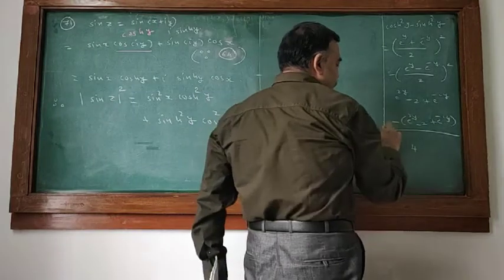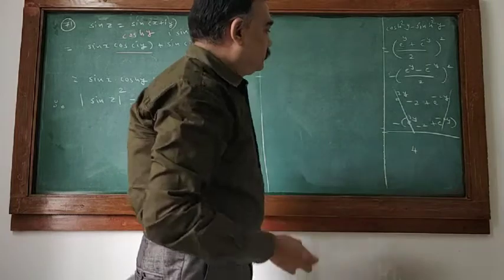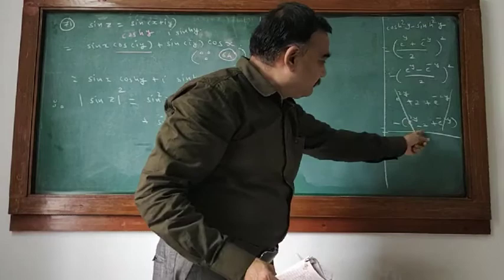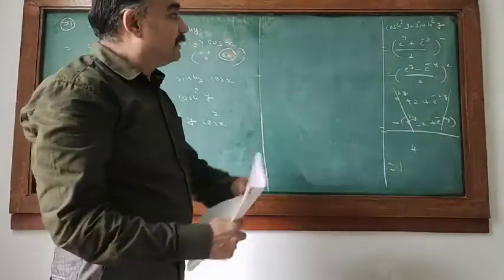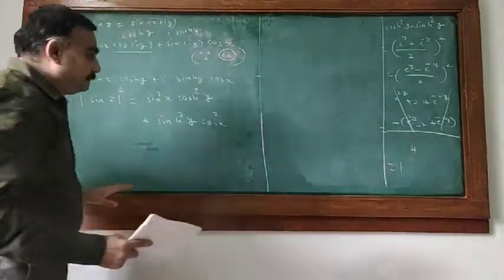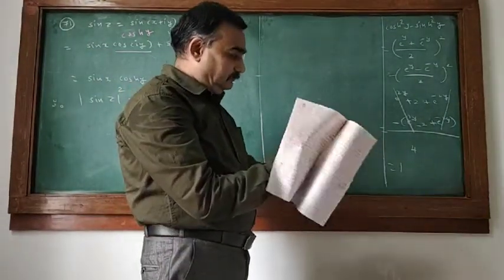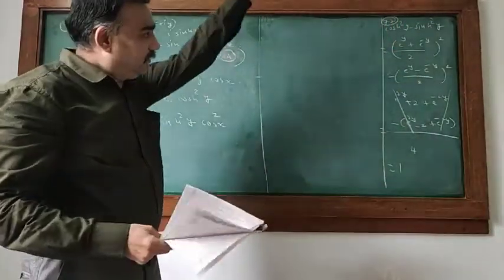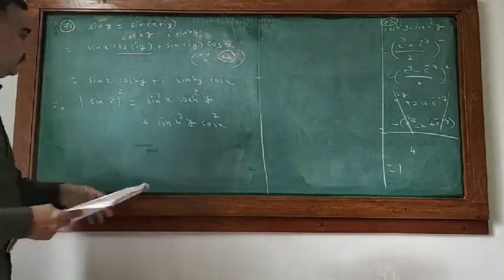The e terms cancel and the 2s add, so it is 4 upon 4, and thus it is 1. Cosh square minus sinh square gives you 1. As per my note, this is 72. But I required it here, and so I proved it.